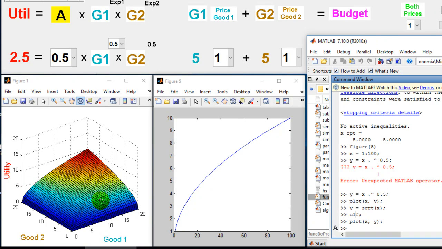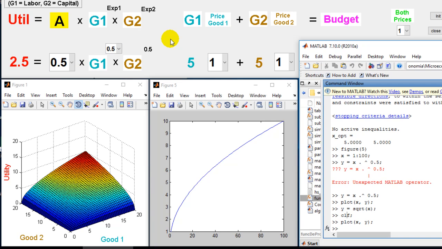When good 1 varies, you get this shape here, which is very similar to this other shape. Similarly, if good 1 is constant, let's say at the value 20, then all of this part is constant, and what you get is good 2 variable, which is this part here that you get when good 2 varies.